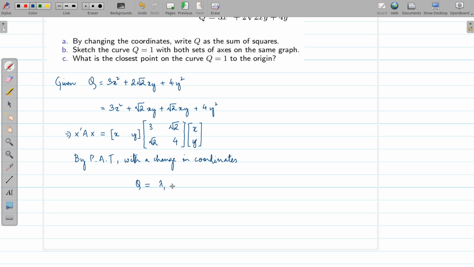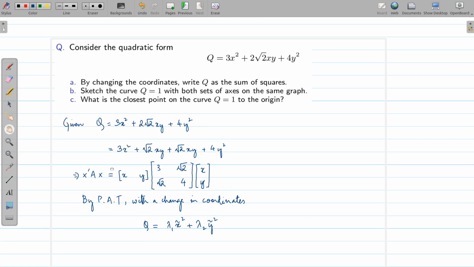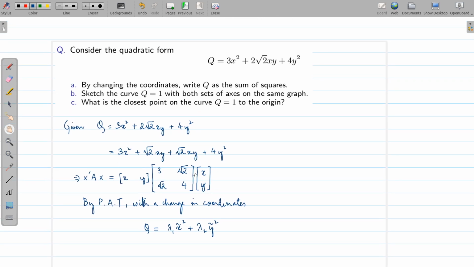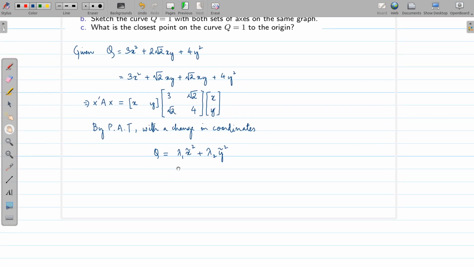Let's say the first eigenvalue is lambda 1, and instead of x in the new system it will be simply x tilde squared, and the other eigenvalue is lambda 2, and instead of y we'll call it y tilde squared. So this is how it's going to look, as the sum of squares. So now the question is finding out lambda 1 and lambda 2.